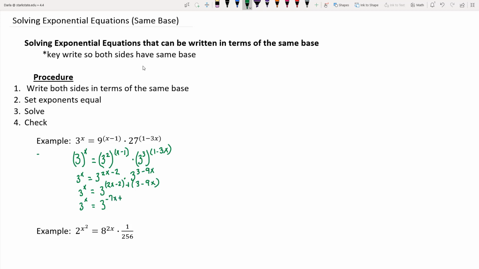Now I have like bases on the left and the right hand side of this equation, so I can go ahead and set the exponents equal to each other and solve for x. If I add 7x to both sides, I get 8x equals 1. Divide by 8, I get x equals 1/8.